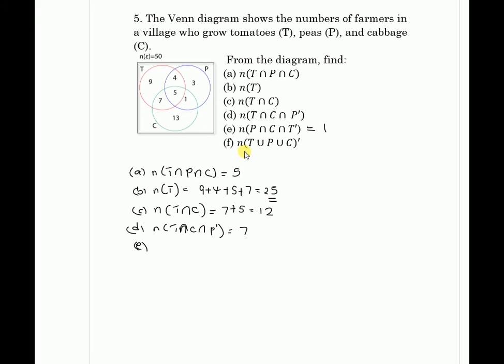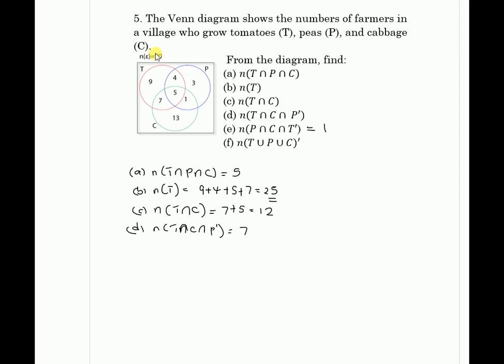Then here, number of elements in T union P union C complement. They have given us something on the complement of the union. Okay, we can get it.